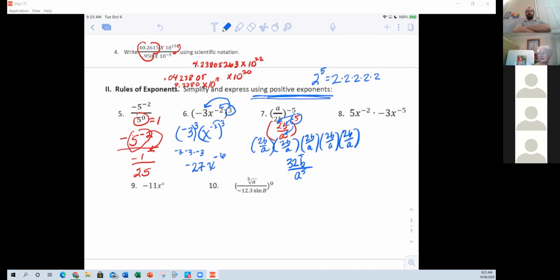It needs to be a positive. Yeah, so how do I make that x to the -6 turn into a positive exponent? Can you divide it? Okay, so I think I understand. You're going to change it to a fraction, right? Yes. The -27 is going to stay on the top, and the x to the 6 is going to come down and become division. Right.